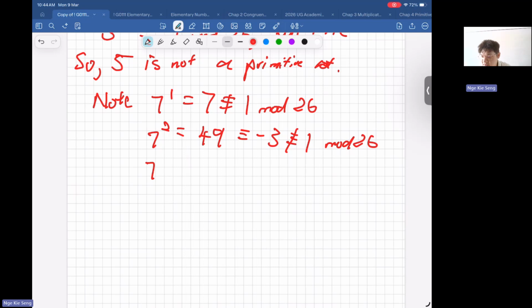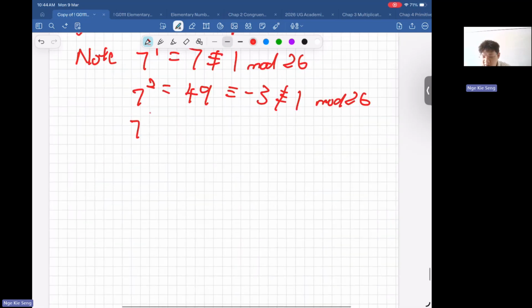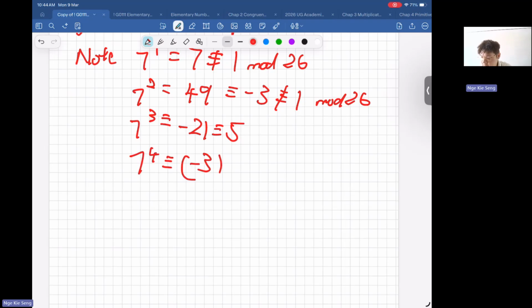And then you go a bit further. What else do we need to check? 7 to the 3 also. And you check that it is actually negative 21, which is 5. And then 7 to the 4 is negative 3 squared, 9.